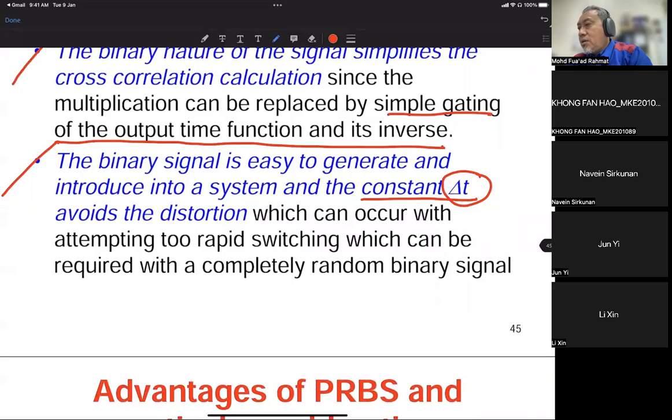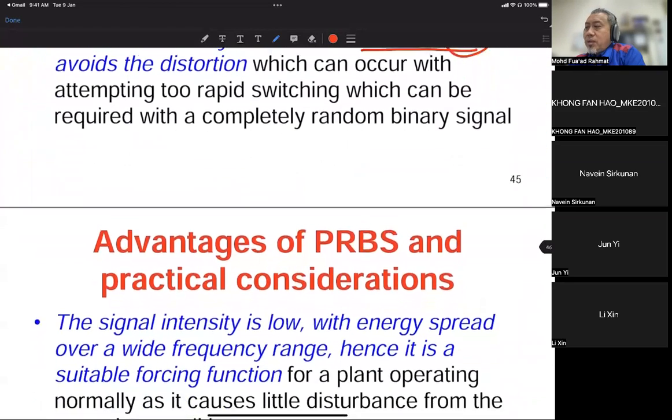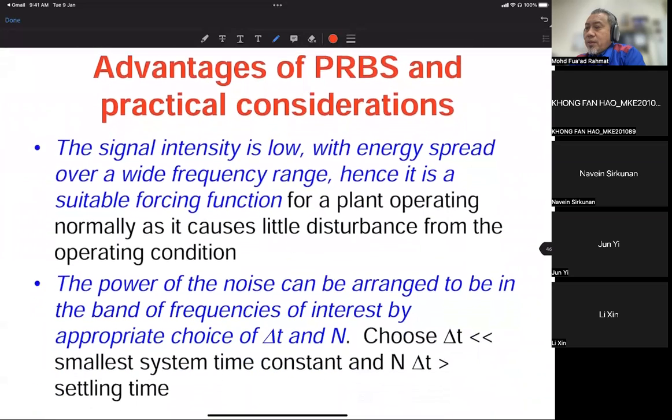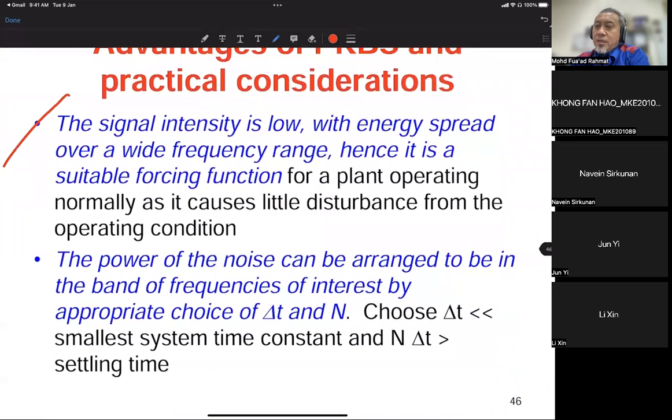So usually delta t is 1 millisecond in practice for system ID, which avoids the distortions that can occur when attempting rapid switching, which can be required with completely random binary signals. And the PRBS signal intensity is low, with energy spread over a wide frequency range.